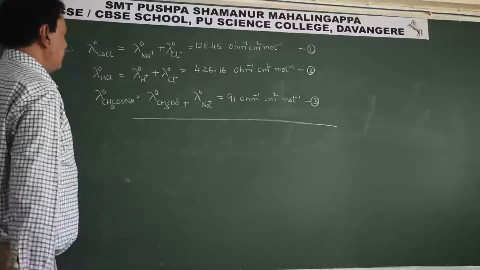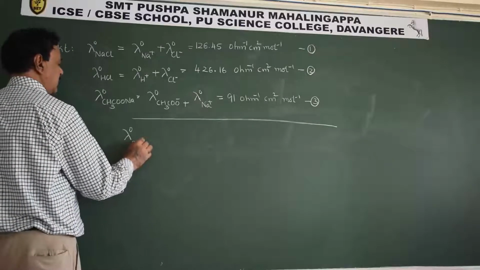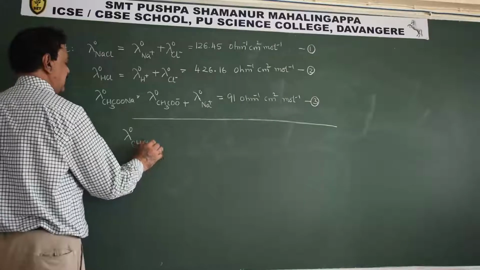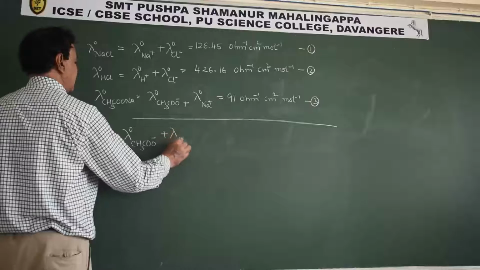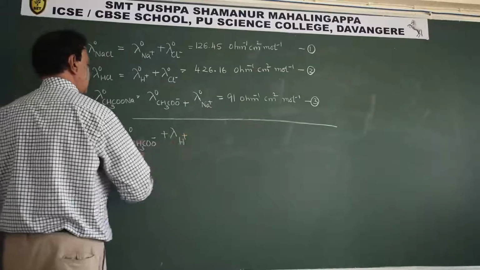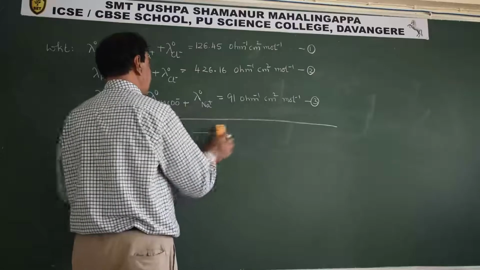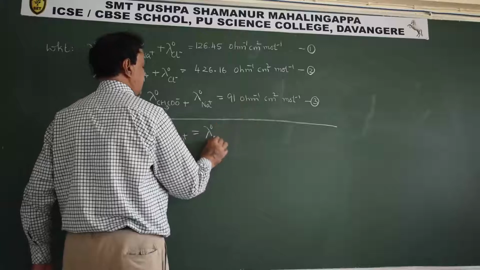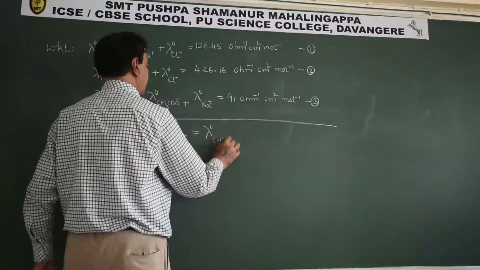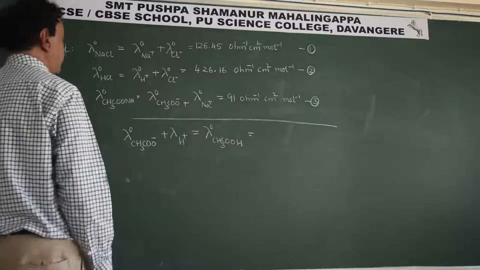Here I am expecting lambda naught of acetic acid, that is, lambda naught of CH3COO minus plus lambda naught of H plus ions, equal to lambda naught of acetic acid. How do we get here?